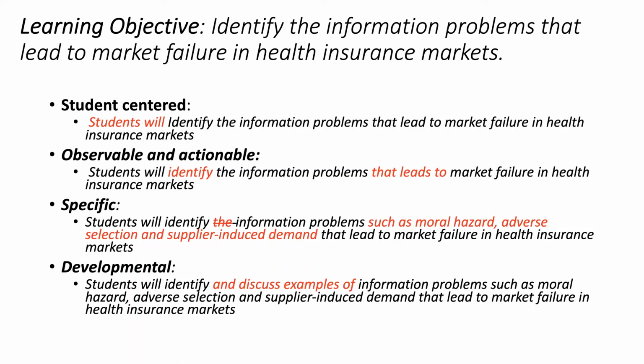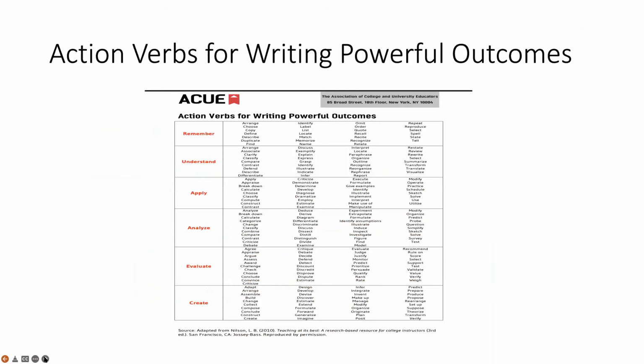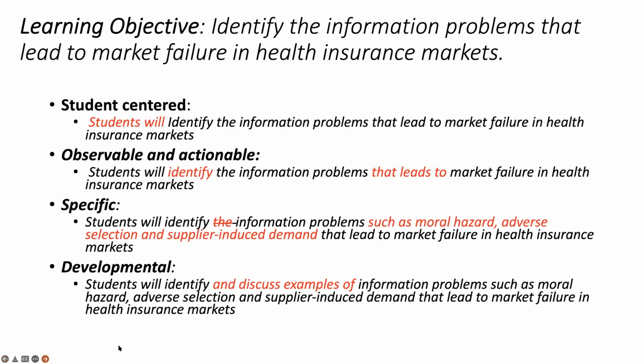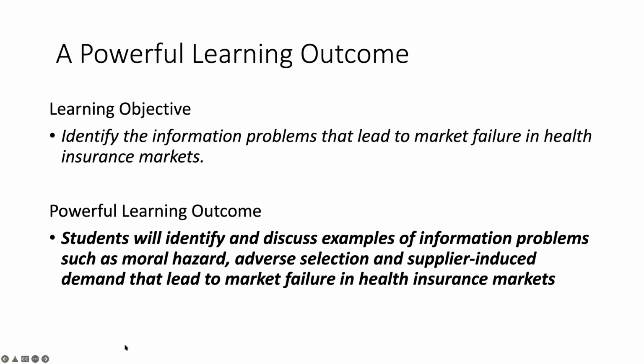And so the foundational skills such as remembering, the action verb is identify here. So it's a foundational skill, all the way up to maybe analyze and thinking creatively. So I changed my objective a little bit, my learning outcome, to students will be able to identify and discuss examples of information problems, like that.